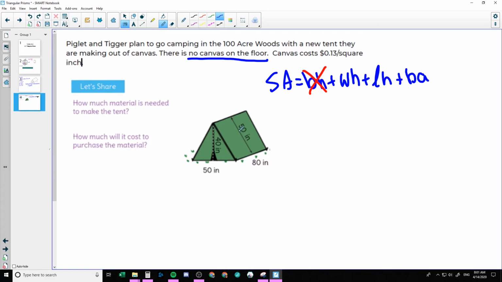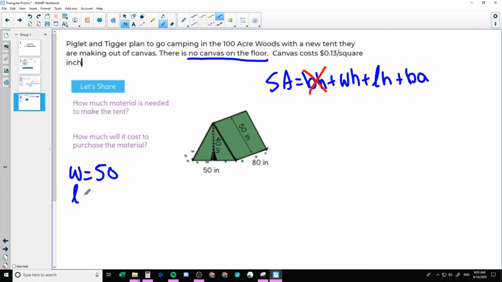All right, now let's figure out what our variables are here. Filling in our variables, let's start with the width. We can see here is 50 inches, and so is this side here, which tells us all sides of the triangle are going to be 50 inches, so 50.